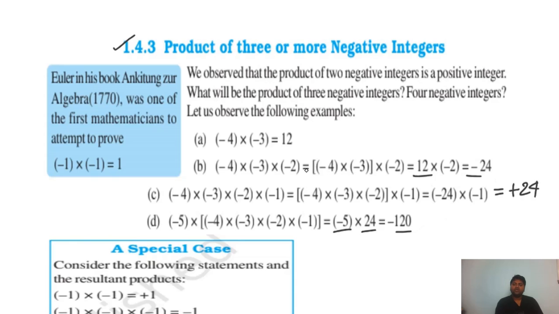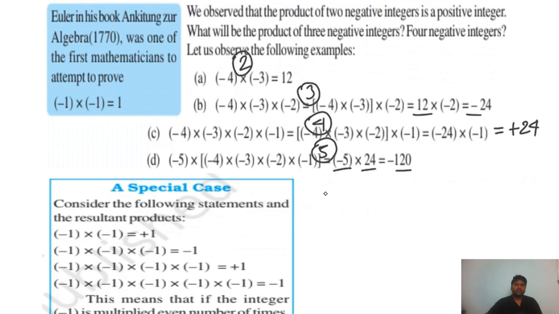So when we multiply two negative numbers, we get plus. Three negative numbers, we get minus. Four negative numbers, we get plus, and five negative numbers, we get minus. Our conclusion is that when we multiply an even number of negative numbers, we get plus, and when we multiply an odd number of negative numbers, we get minus.